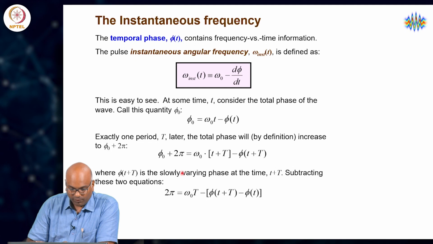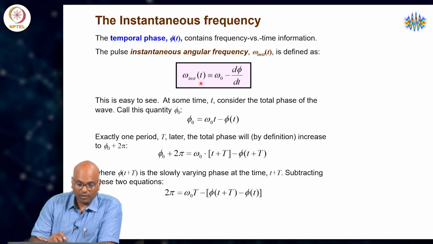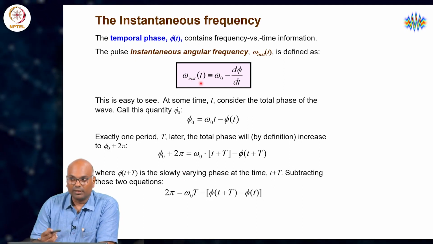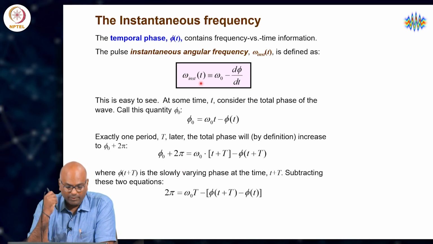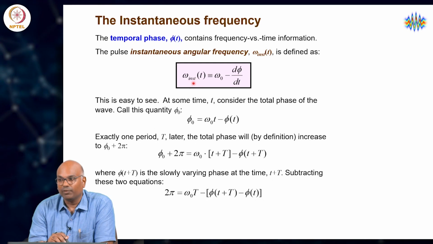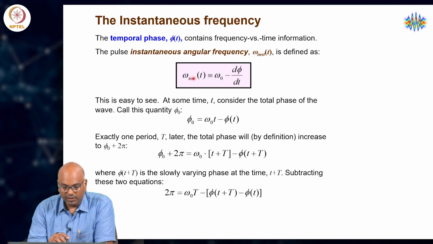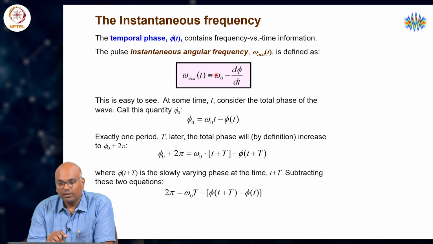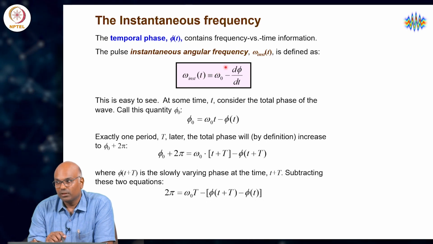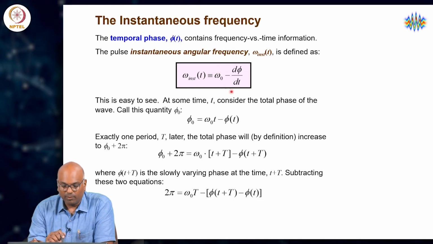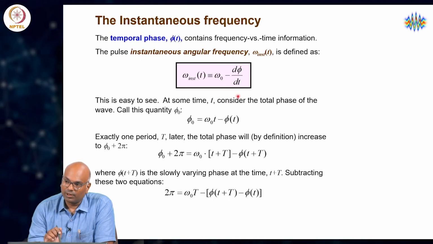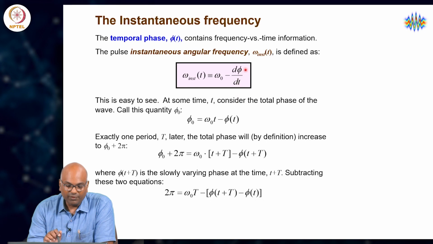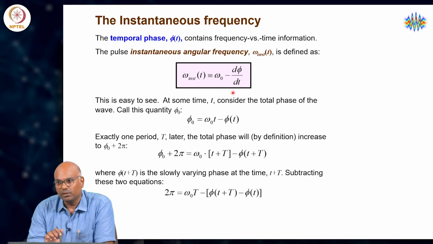The instantaneous angular or instantaneous cyclical frequency, as we like to call them, is defined the following way. The instantaneous frequency is actually just the first derivative with respect to time of the argument we had in the complex exponential function in our time domain definition of the pulse.